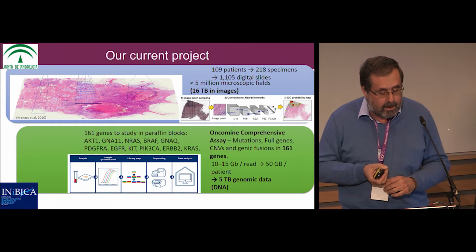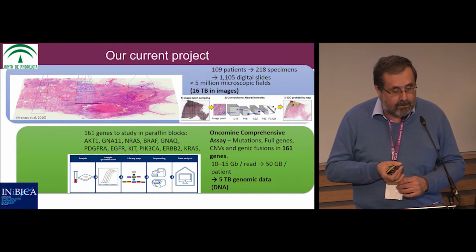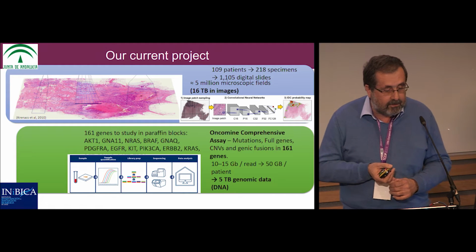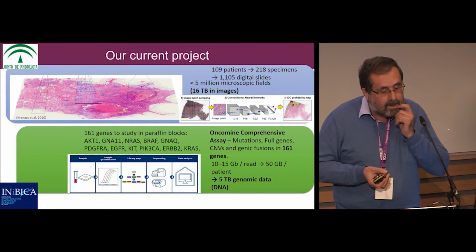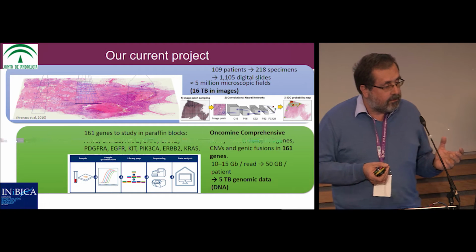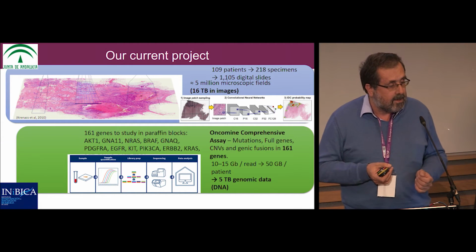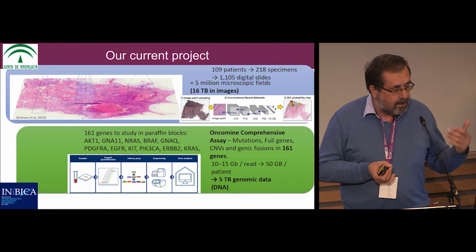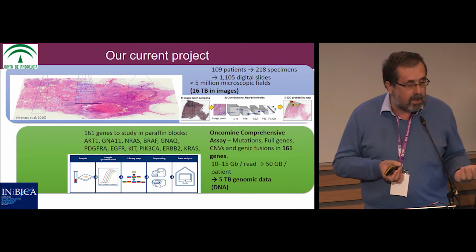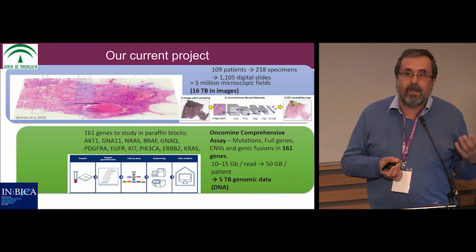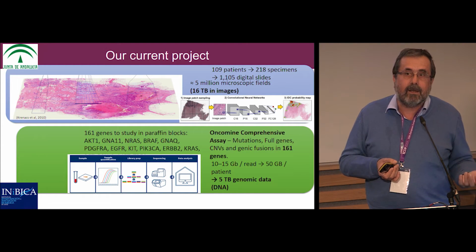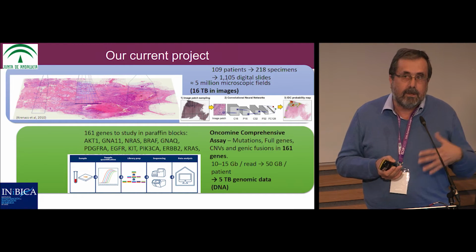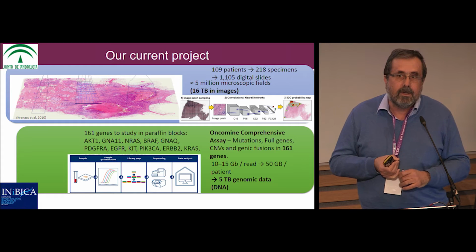We have already finished the sequencing of these cases using a commercial comprehensive assay with over 160 genes, because we have the hypothesis that by finding these different patterns with deep learning, we will be able to better select which are the areas in breast carcinoma that really are worth being analyzed by genetic analysis.